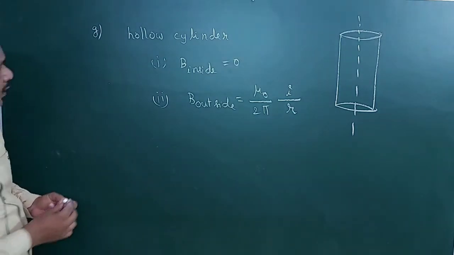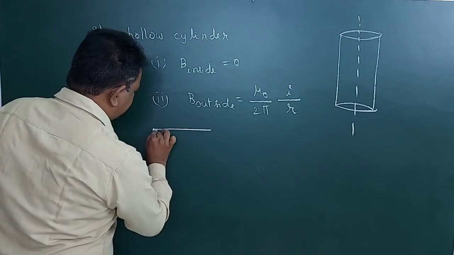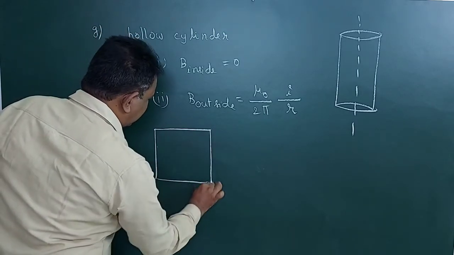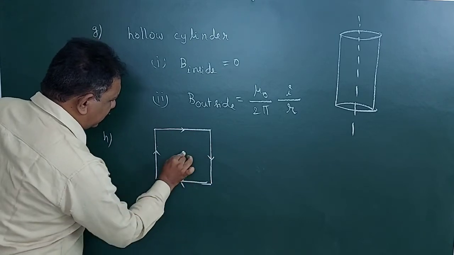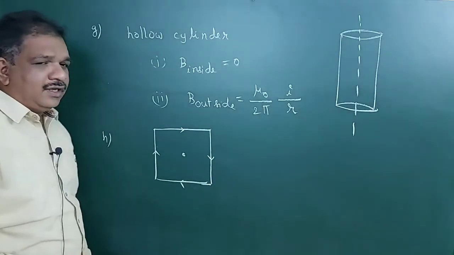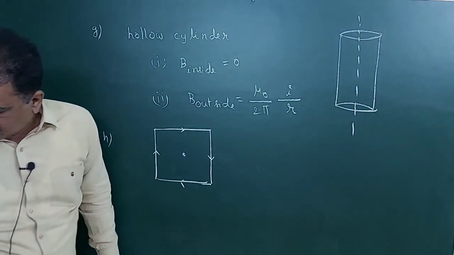Next, a square loop is there. Current is flowing like this. What is the magnetic induction at the center? Questions like that will be there.